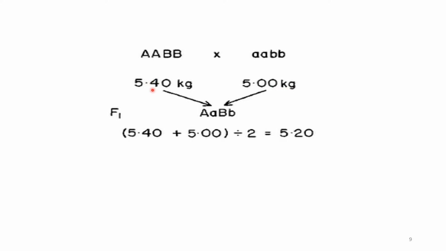This is a result of 0.1 plus 0.1 plus 0.1 plus 0.1, so that means 5.40 kilograms. So in the F1 progeny, which is capital A small a, capital B small b, the phenotypic value is 5.20. What that simply means is if you add this together and divide by 2, you get 5.2. Or if you remove one capital A and one capital B each, it will also give you 5.2.